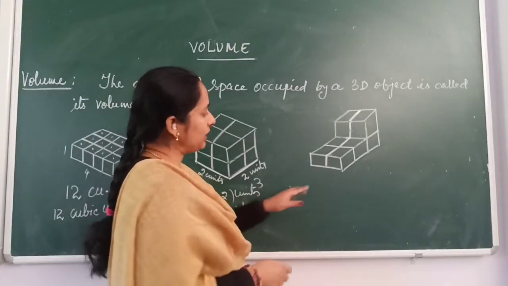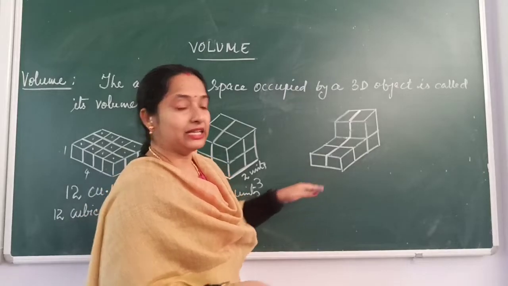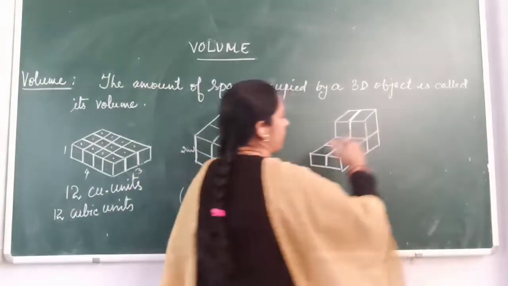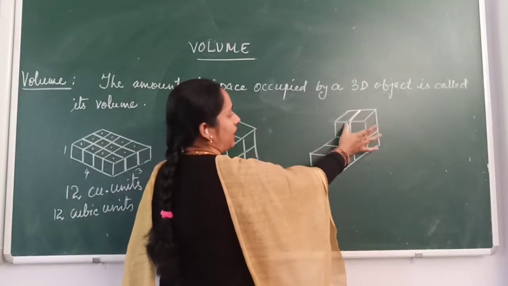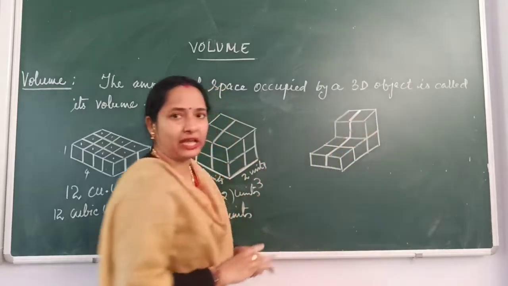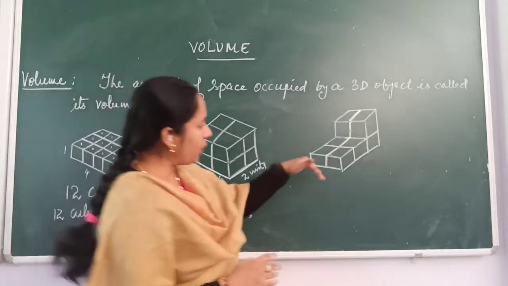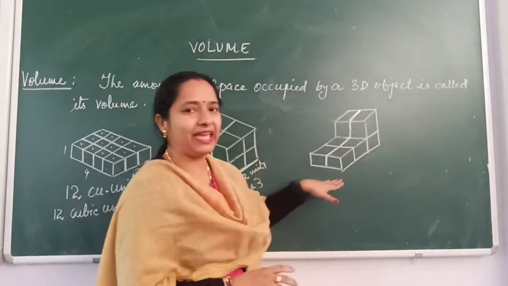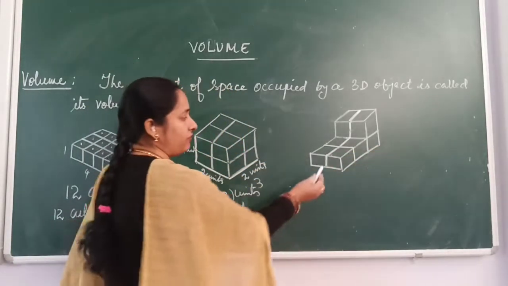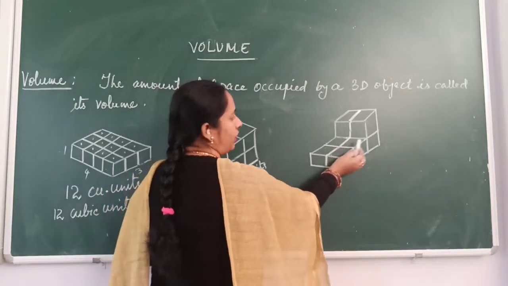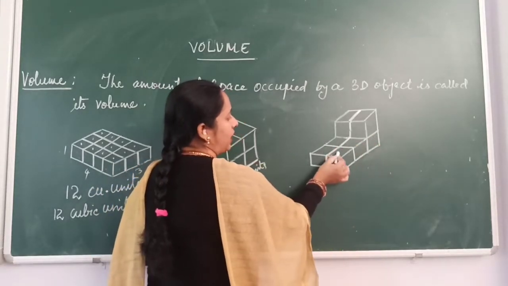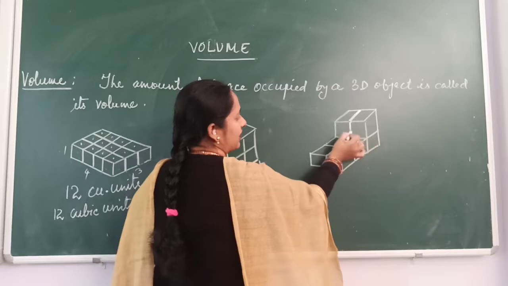So here you can see that there is a set of blocks in the bottom, and over it, in one corner, only 2 blocks are kept. So in the base, how many blocks do we have? 1, 2, 3, 4 and 2 more hidden here: 1, 2, 3, 4, 5 and 6.